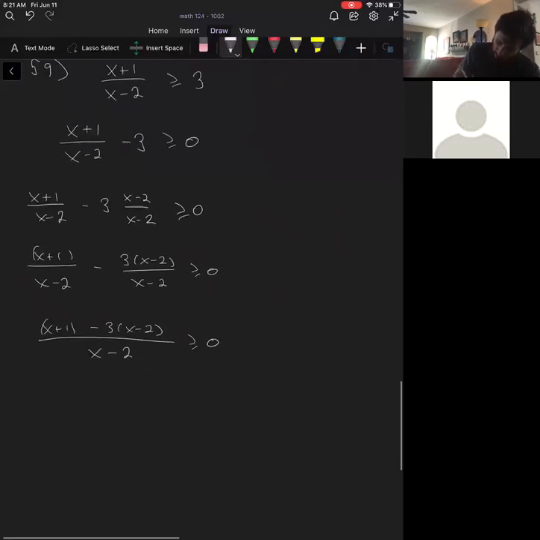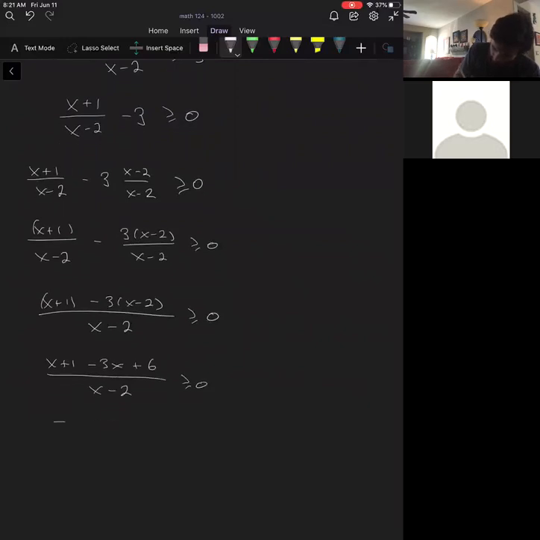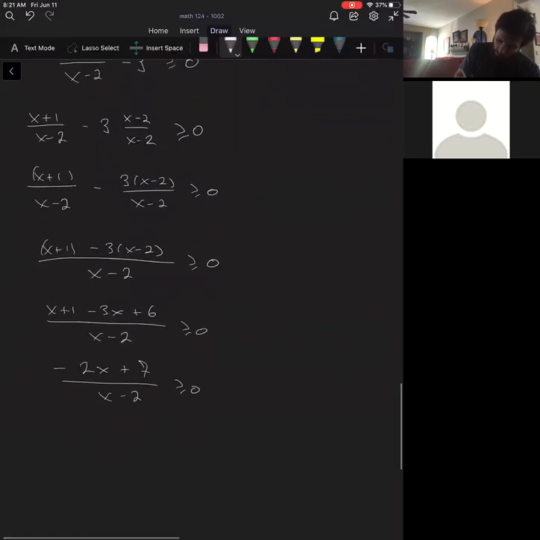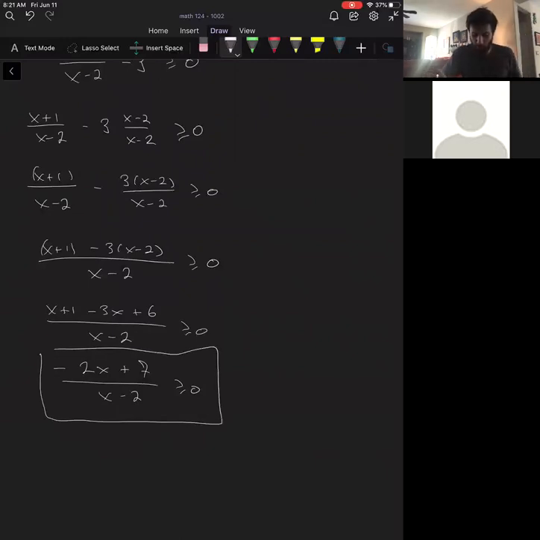Then simplifying the top, x plus 1 minus 3x plus 6. And then we're going to have minus 2x plus 7 over x minus 2 is bigger than or equal to 0. So once we're at this step, it basically turns into a problem that we just did.